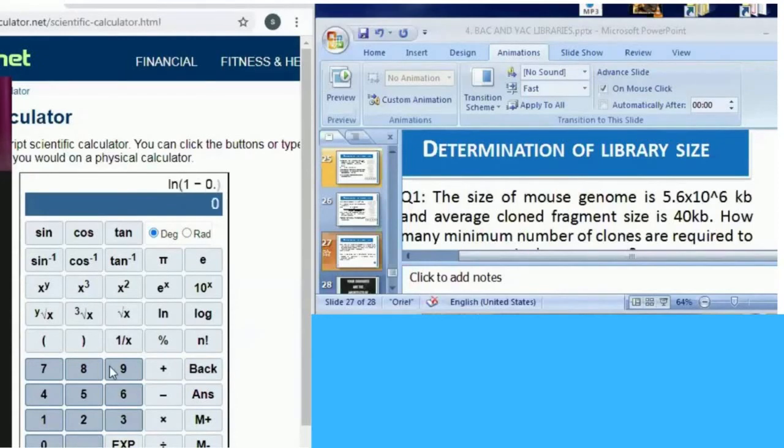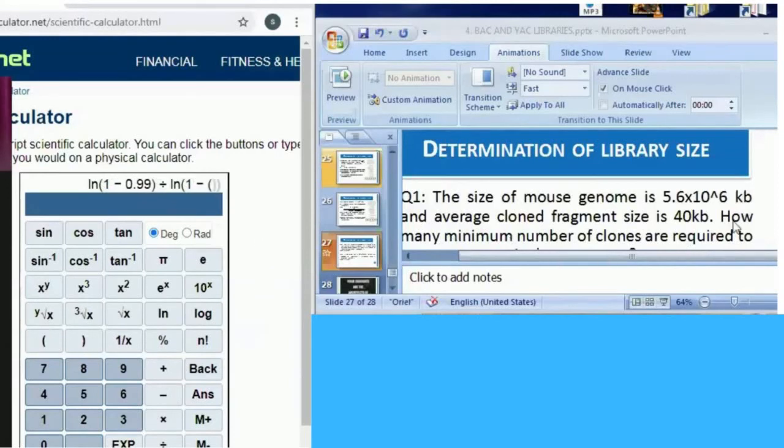Okay, divided by, I'll put in the bracket, again the log of 1 minus your fraction f.